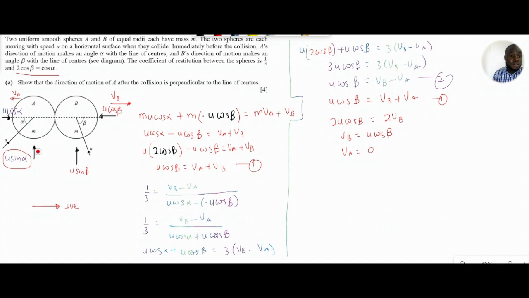In other words, the component of the velocity perpendicular to the line of centers is 2 sine alpha, but the component parallel to the line of centers after the collision becomes 0. So A now moves with this speed, and clearly it is perpendicular to the line of centers. So we have shown that by showing that VA equals 0 and the argument I made, A moves in a direction perpendicular to the line of centers right after the collision.